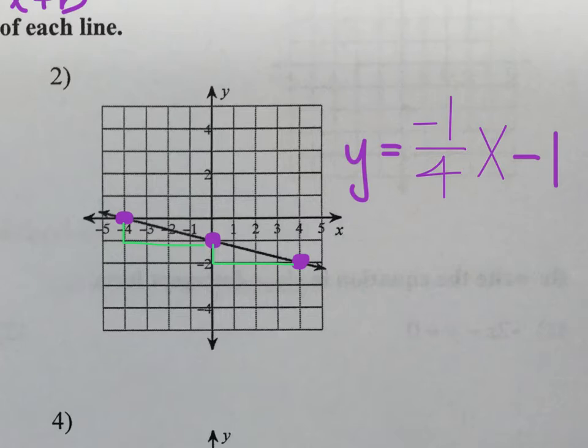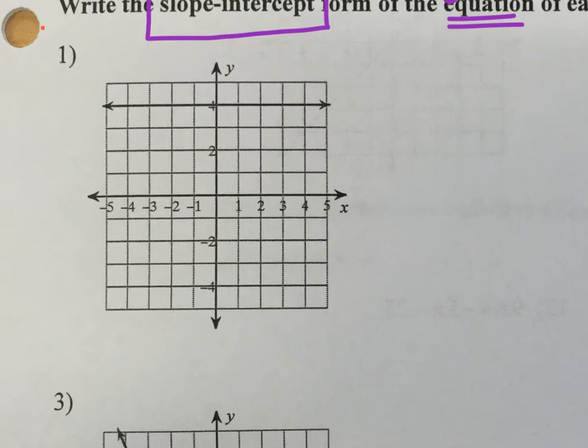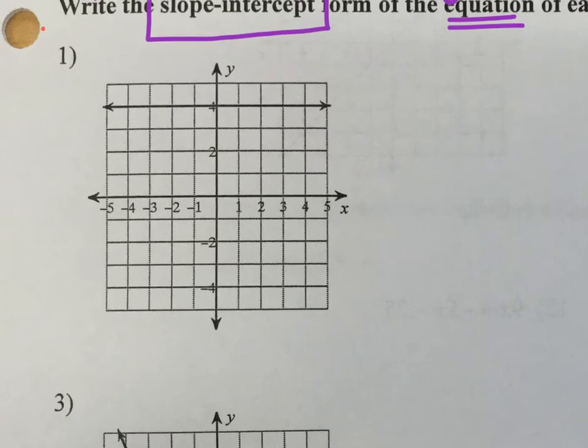All right, so all of your equations should end up in this format. Now, question 1 is a slight exception to that, because this line is completely horizontal. It's going to cross at 4, so we still need to find where it's crossing. But this time, I don't have a slope.